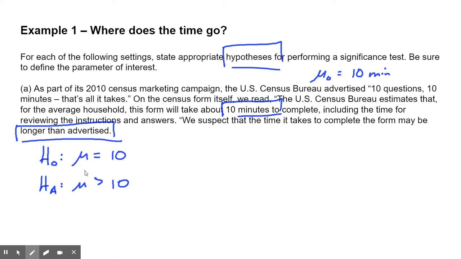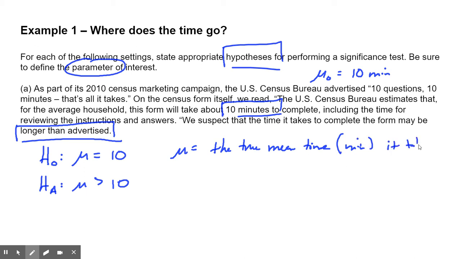And now we need to talk about what the parameter is. Define the parameter. So mu is going to be equal to the true mean time, in minutes, it takes for US households to complete the census form.